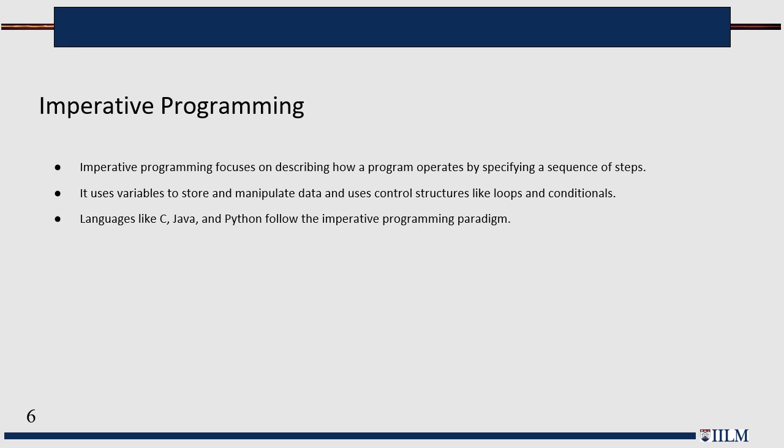Procedural programming, a subparadigm of imperative, focuses on breaking down the program into procedures and functions that perform specific tasks. Common languages like C, Java, Python all work this way. They follow imperative programming.